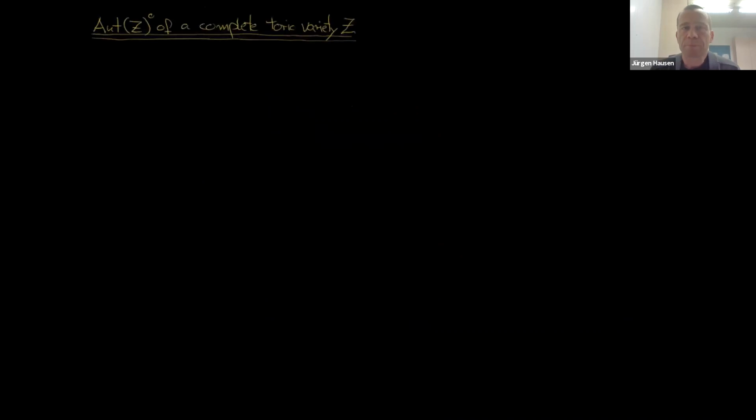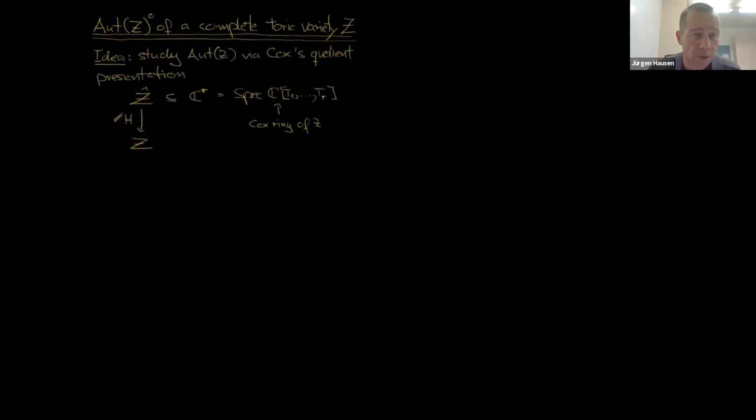Let us begin with the toric case. The aim is to say something about the automorphism group of a complete toric variety. And the idea is to study this automorphism group via its quotient presentation. That means the presentation of a toric variety Z by an open subset Z hat of C^r by the action of a quasi-torus.